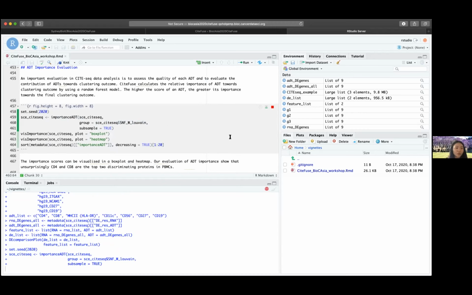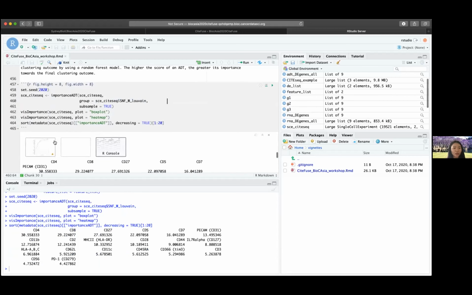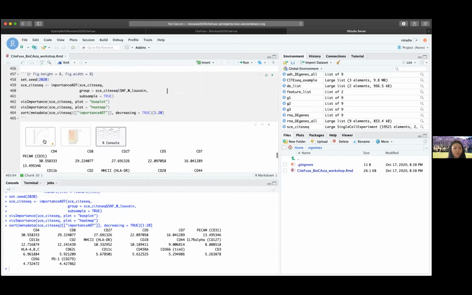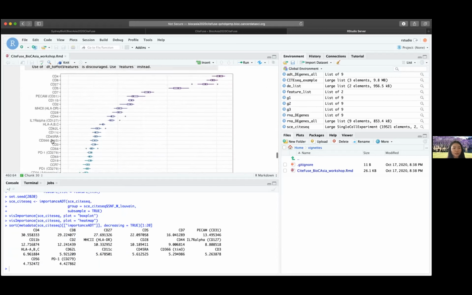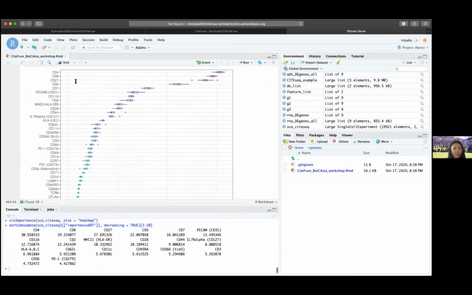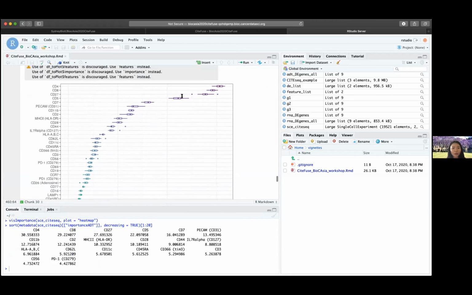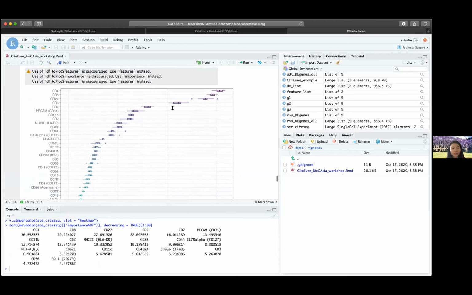And we also implement two visualization methods to visualize the importance of the ADT. Here we can see that CD4, CD8, CD27, CD5 are the top informative ADTs in this data set.